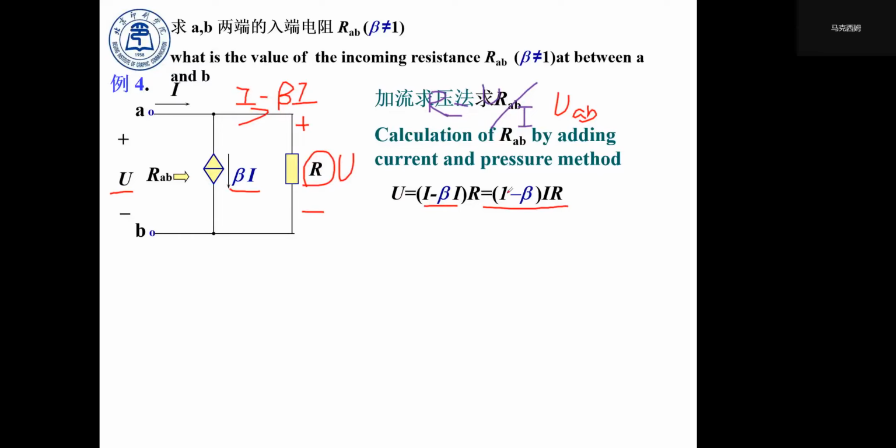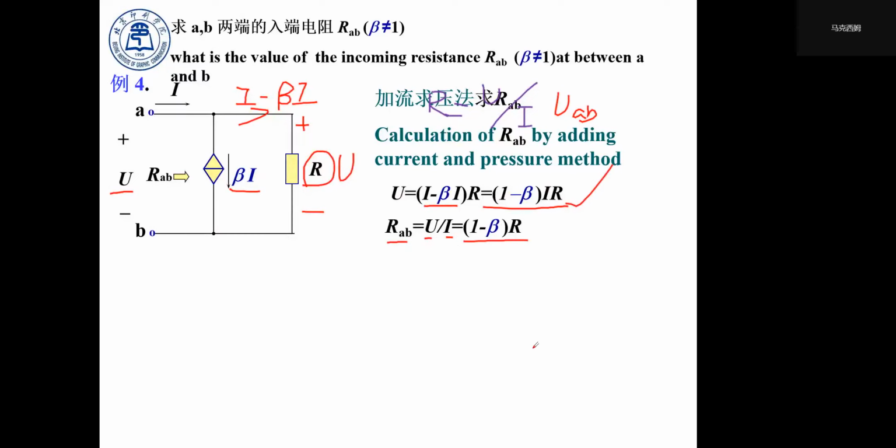So U equals 1 minus beta times the product of I and R. So RAB equals U over I. U is this expression, and we can cancel the current I, then reach the equivalent RAB.